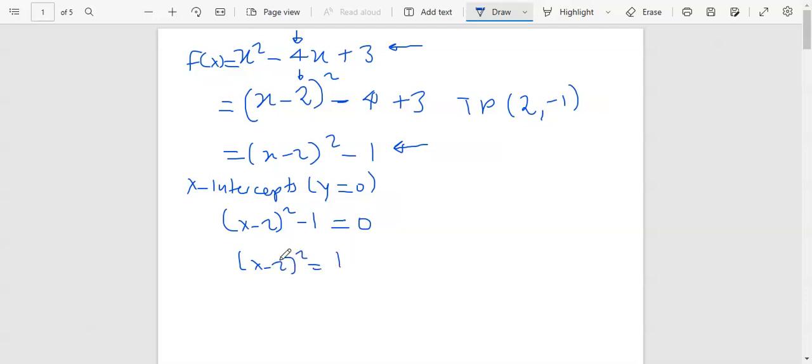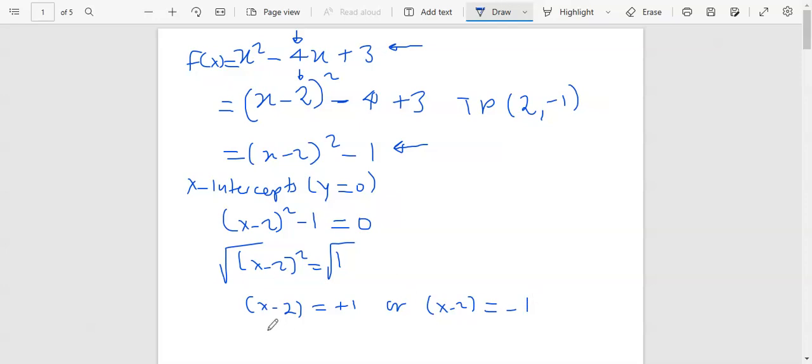To do away with this square, root both sides. What's the square root of 1? Positive 1 or negative 1. So x is positive or negative 1.